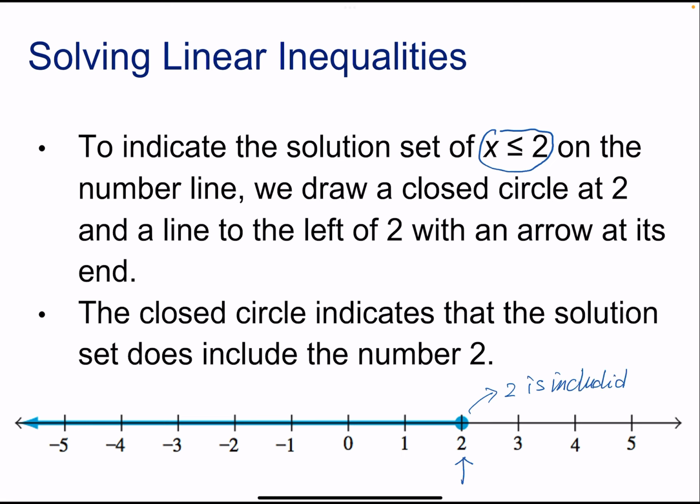And again, because you are looking at any number less than or equal to 2, you draw a blue arrow toward the left, to indicate that any number less than or equal to 2 is fine.